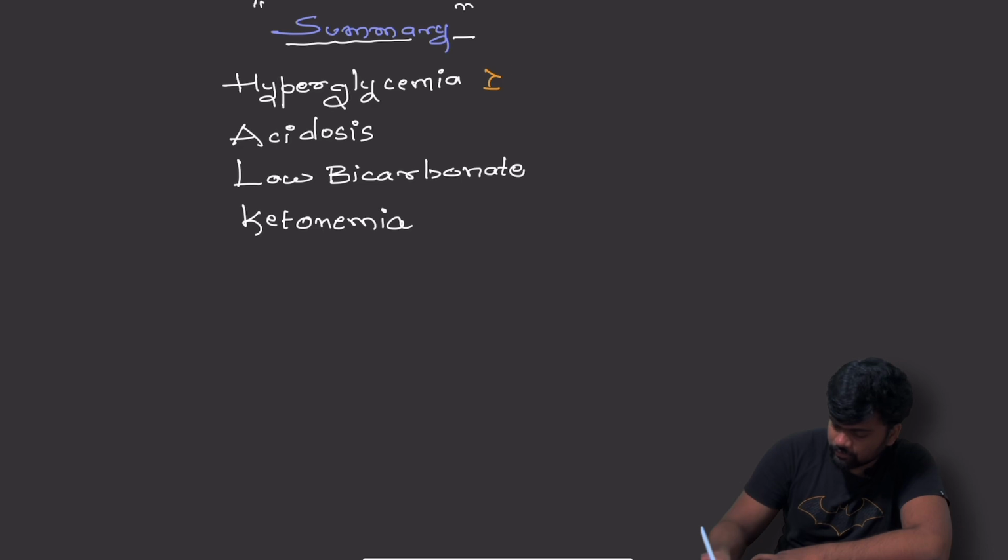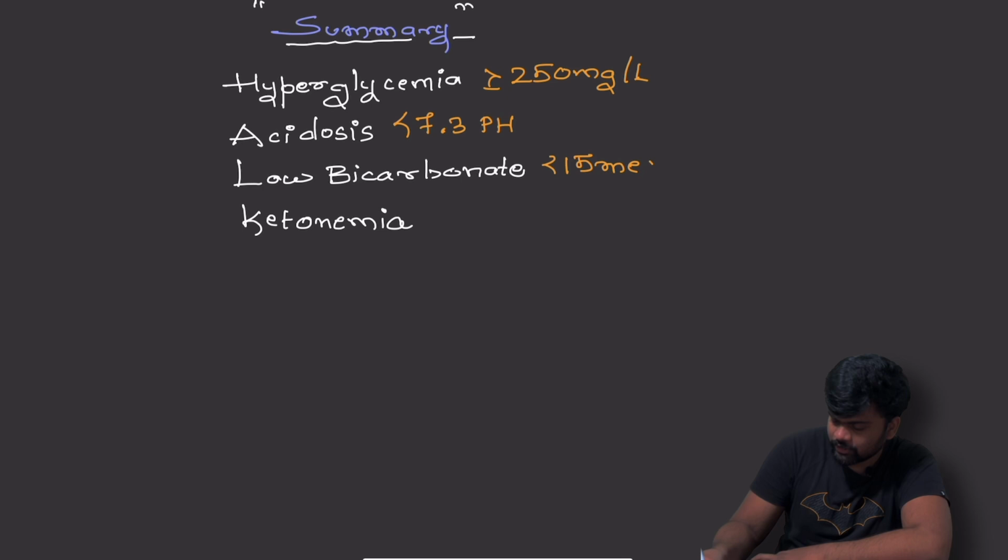So the values are glucose greater than or equal to 250 milligram per deciliter, pH less than 7.3, and bicarbonate less than 15 milliequivalents per liter.